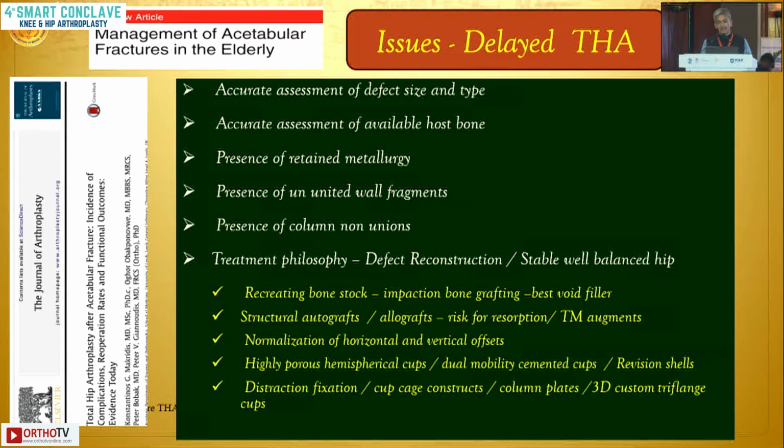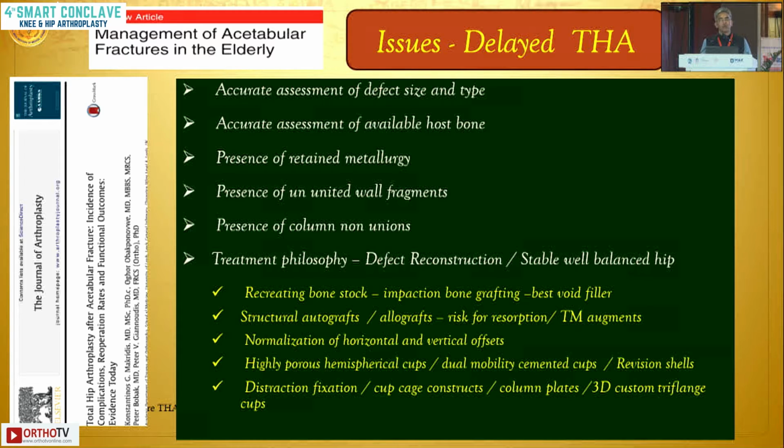The issues with delayed total hip arthroplasty, essentially what is the accurate assessment of defect size and type, accurate assessment of the available host bone, retained metallurgy with post-fixation total hip, hips needing total hip is a very important thing.